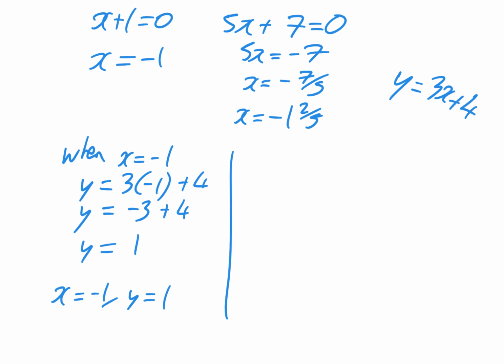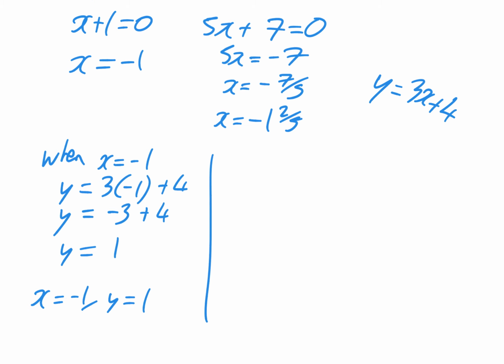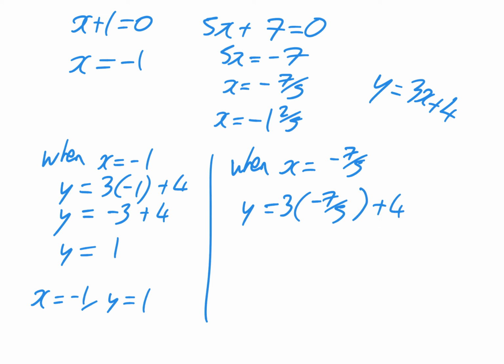For the other one, we'll just say it again. Same idea, we'll just say when x is equal to, and I'm going to write it as minus 7 over 5. It might be a wee bit easier for me to work with, might not be, we'll soon find out. y is equal to 3 times minus 7 over 5 plus 4. Okay, I suppose this could come up in a non-calculator exam.